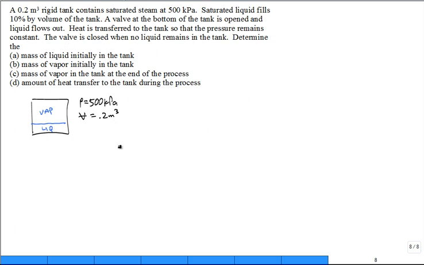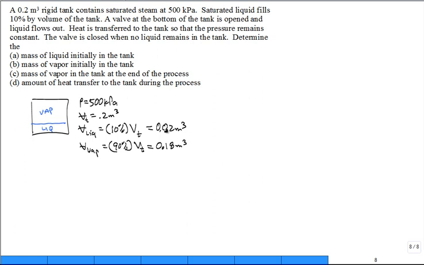Saturated liquid fills 10% by volume, so the volume that's the liquid is equal to 0.1 or 10% of the volume of the tank. I bet you the volume of the vapor is 90% of the volume of the tank, isn't it? True? See that? So I can even say, okay, that's 0.02 meter cubed. This is 0.18 meter cubed. So some numbers I can doodle with and process in my mind as I read the problem statement.